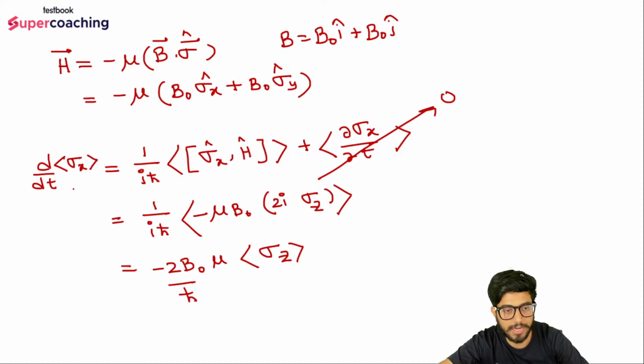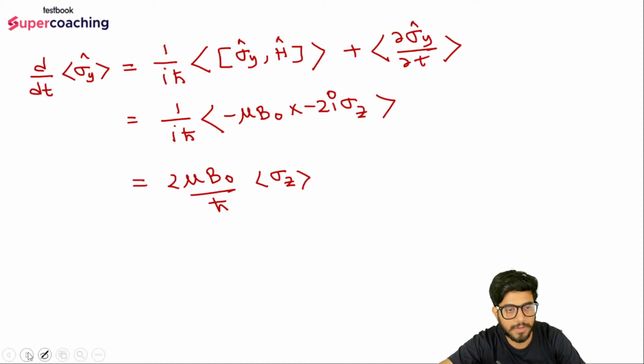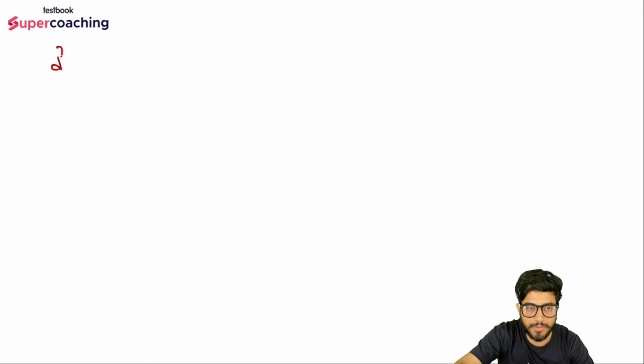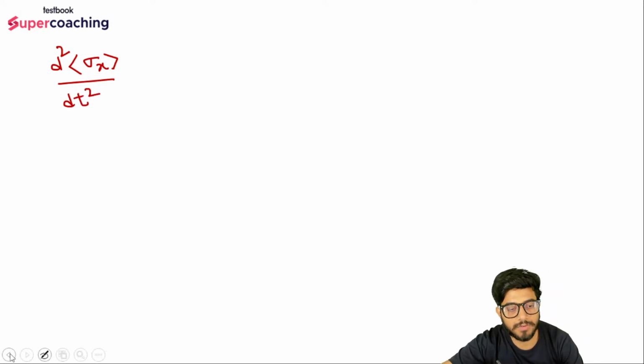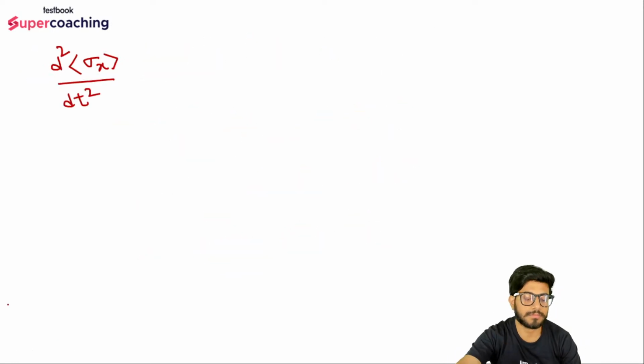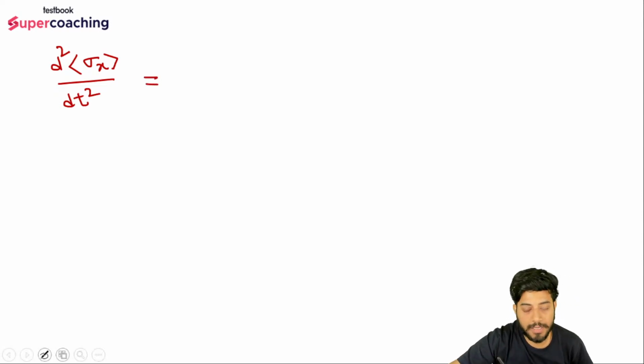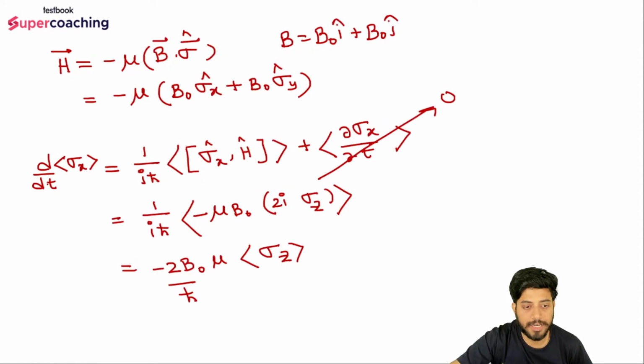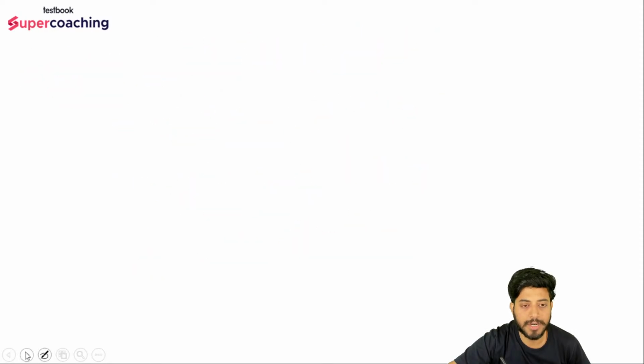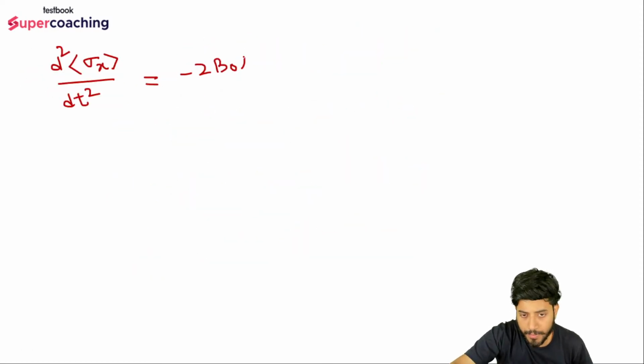If I do it again, what will d2 sigma x dt2 be? For d2 of the expectation value of sigma x dt2, that is minus 2 B naught mu by h cross times d/dt of the expectation value of sigma z.